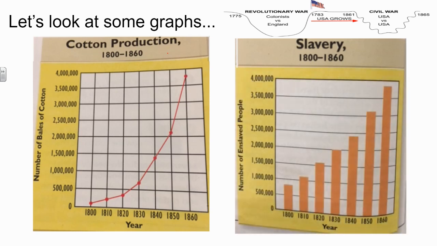Now, this bar graph compares how many slaves we had in the year 1800, which if you look at the y-axis there, you can see it's less than 1 million slaves, maybe closer to 750 to 800,000 slaves in the United States of America in 1800. And you can see by 1860, that number has grown tremendously. We're almost at 4 million slaves in our country. And you can see there's a clear correlation between cotton production growing and slavery increasing.